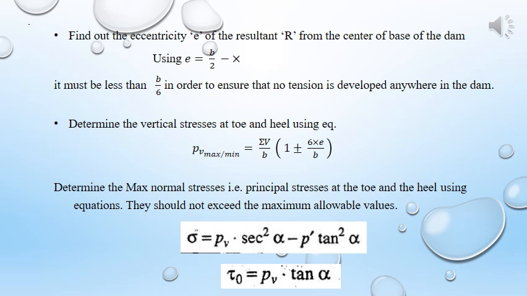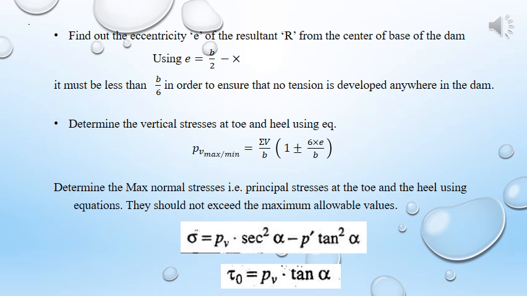Now to find the principal stress at the toe, P v maximum is used, and P dash is the tail water pressure, and the shear stress tau 0 comes out as P v tan alpha.